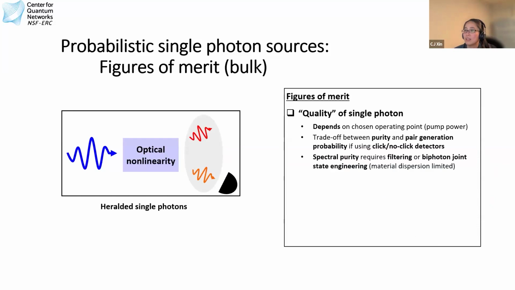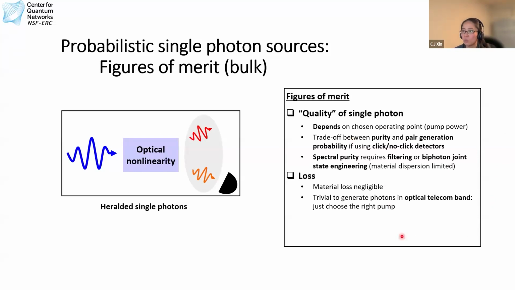And then next, loss. Well, your material losses are pretty negligible, and it's also trivial to generate in the optical band. You're pretty much doing way better here. And then for scaling, well, I guess you can buy a lot of them, and if you spend a lot of labor, you can make really large arrays.